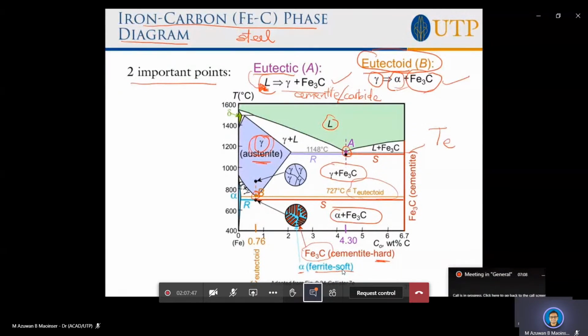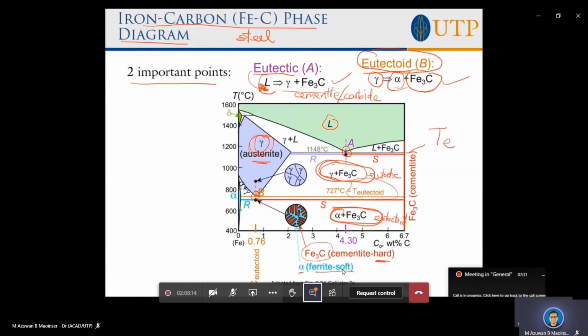But over here we have austenite and cementite. Okay, so if I have alternating layers of gamma and cementite, this is eutectic microstructure. If I have alternating alpha and cementite, then I have eutectoid. That you have to take note of. Right?